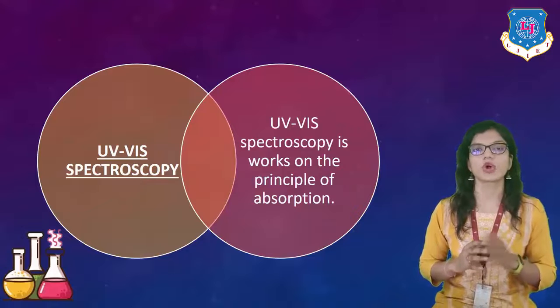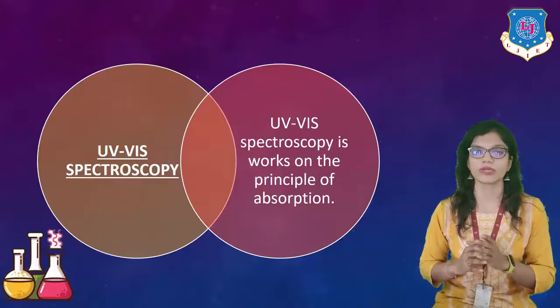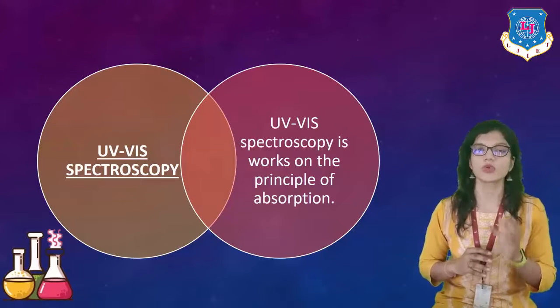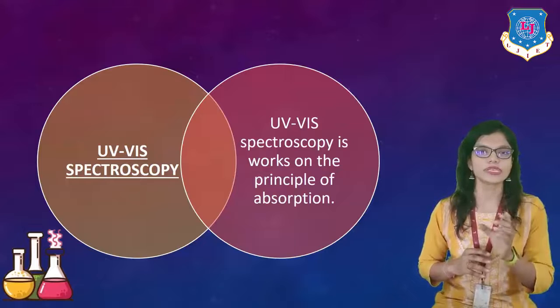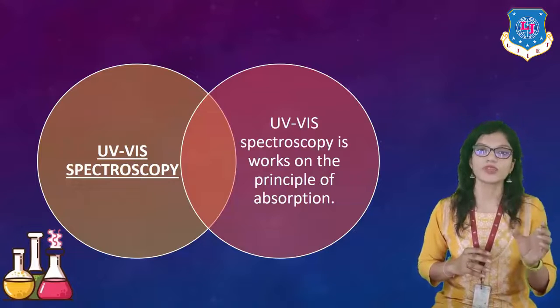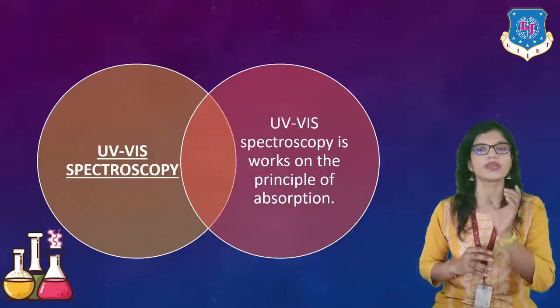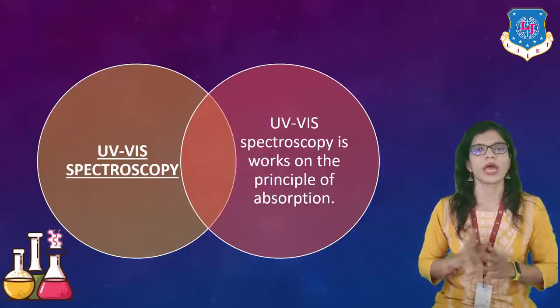UV ranges from 200 to 400 nanometers, while visible ranges from 400 to 800 nanometers. So when we use the word UV-vis, it will range from 200 to 800 nanometers.